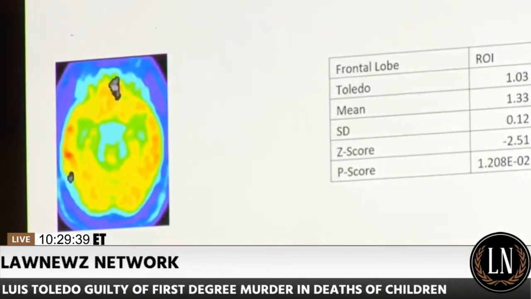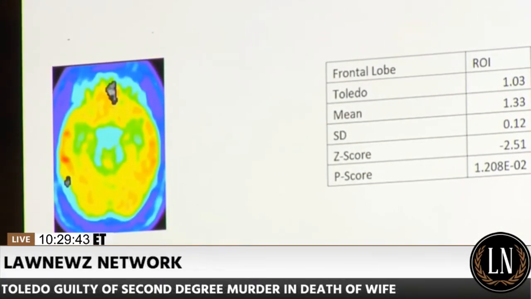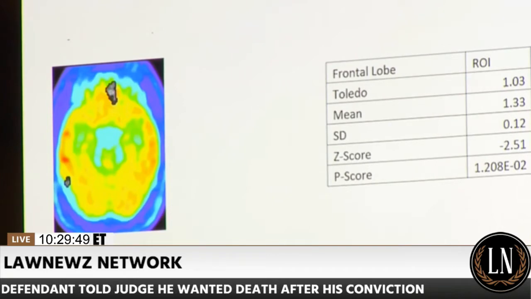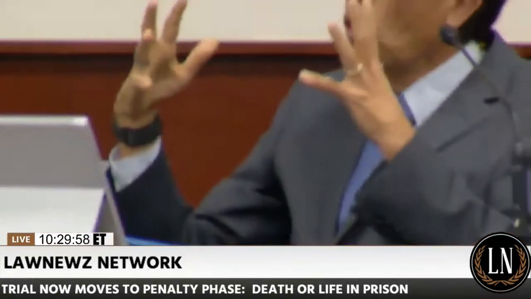But it coincides with my visual analysis read. So when I read this visually, I didn't do the statistical analysis, but I said, visually, this area of the brain looks lower compared to other parts of the brain. And when I do this statistical analysis, the statistical analysis provides objective corroboration that there is an abnormal decrease in the orbital frontal lobe area of the brain.